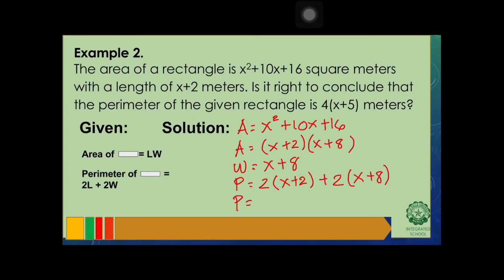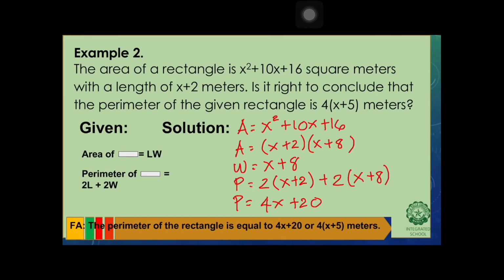For your perimeter value, if you simplify, you end up having 4x plus 20. For your final answer, the perimeter of the rectangle is equal to 4x plus 20, or you can also say that the perimeter value is really 4 multiplied by x plus 5.